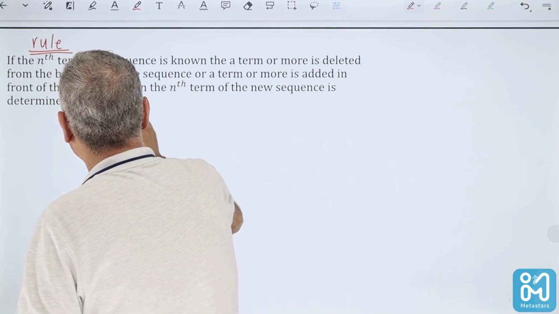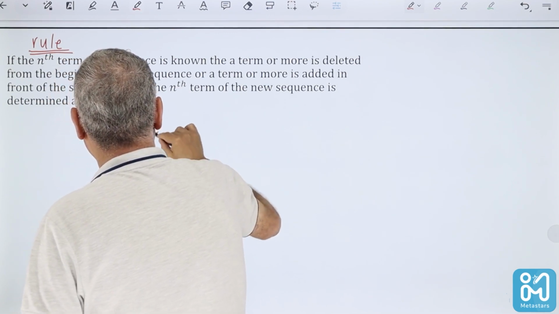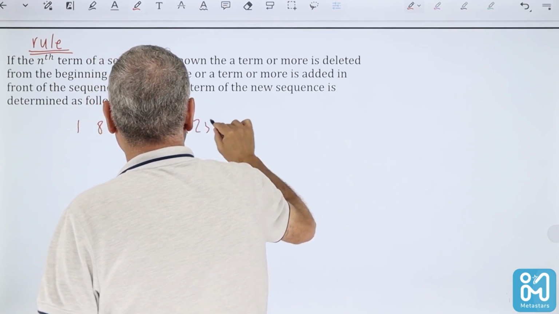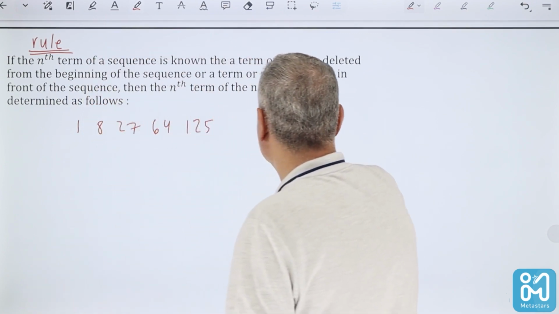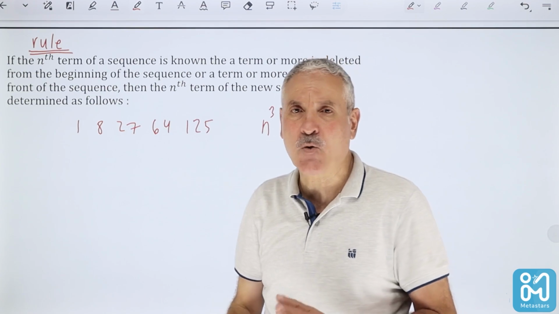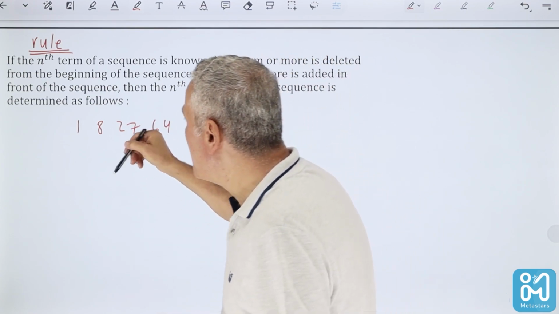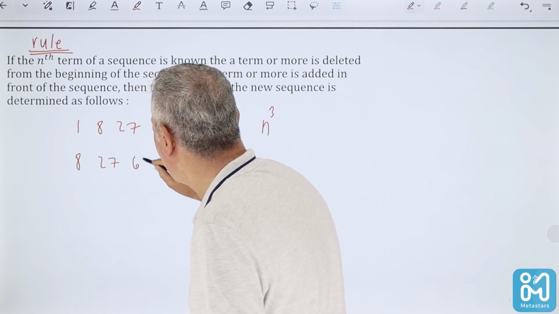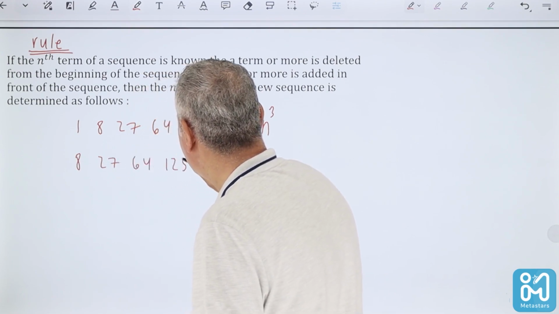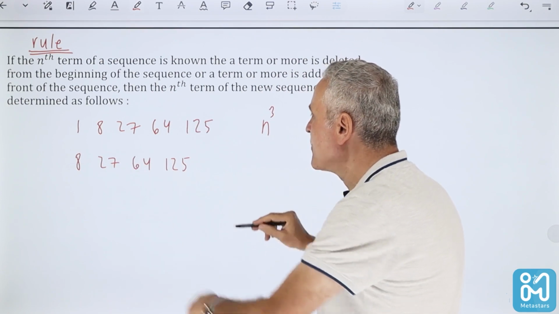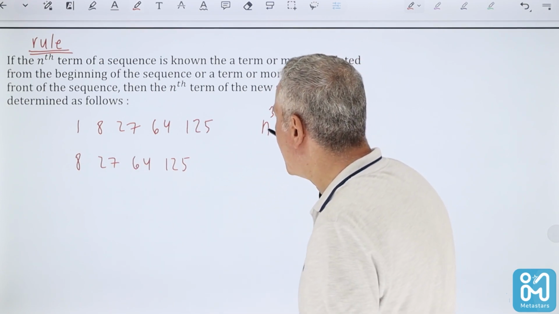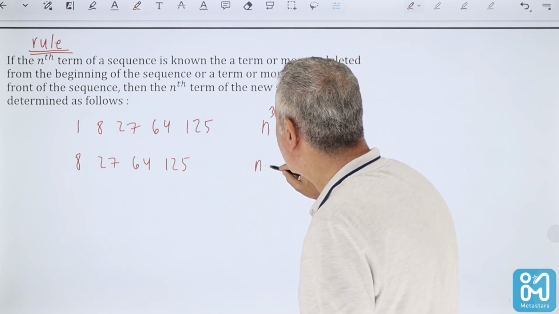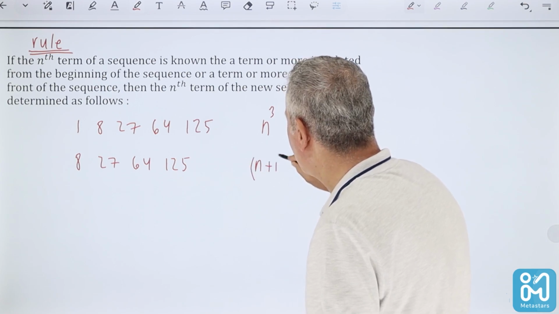Let's say we have this here, and we know that these are the cube numbers, and this is n cubed. That's the nth term of these cube numbers. If, let's say, we remove the 1, and we get 8, 27, 64, 125, one value is removed, all you have to do is add 1 to n in the expression.